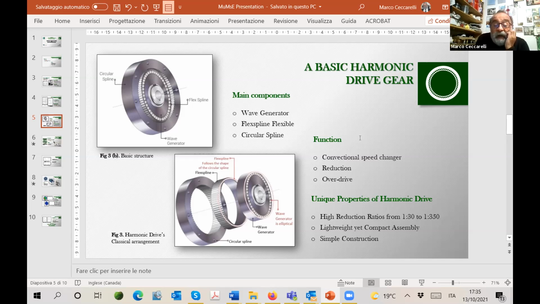So this is just to say that the functionality, as I mentioned, has unique properties: high reduction ratio, lightweight, and compact assembly.